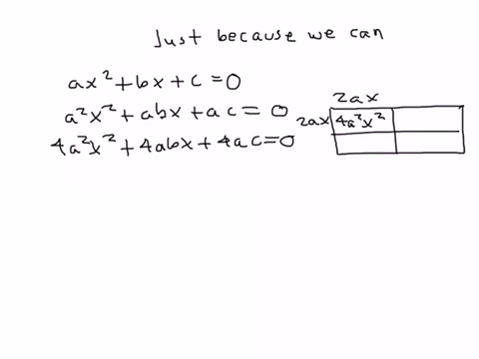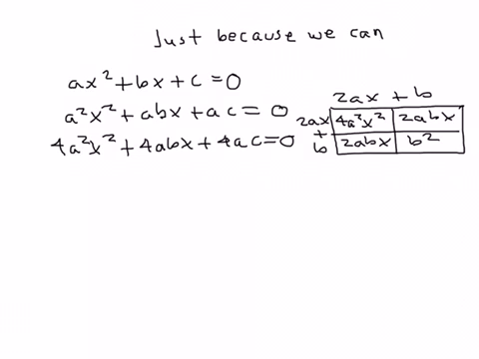And then we're taking that 4abx and dividing it into two pieces, 2abx and 2abx. So what did I have to multiply 2ax by to get 2abx? Well, I had to multiply it by b. So finally, what goes in that last box? Well, b squared.